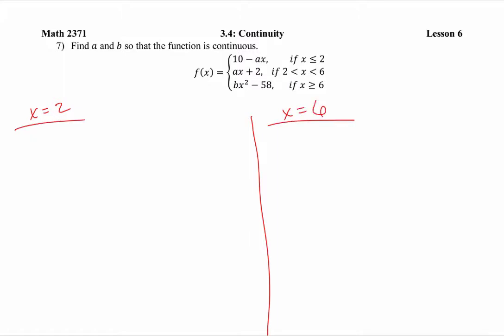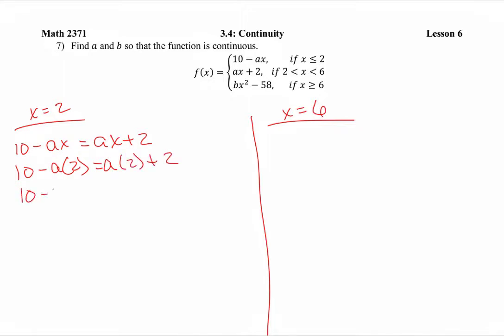So at x equals 2, I want 10 minus ax to equal ax plus 2. So that's 10 minus a times 2 equal to a times 2 plus 2.